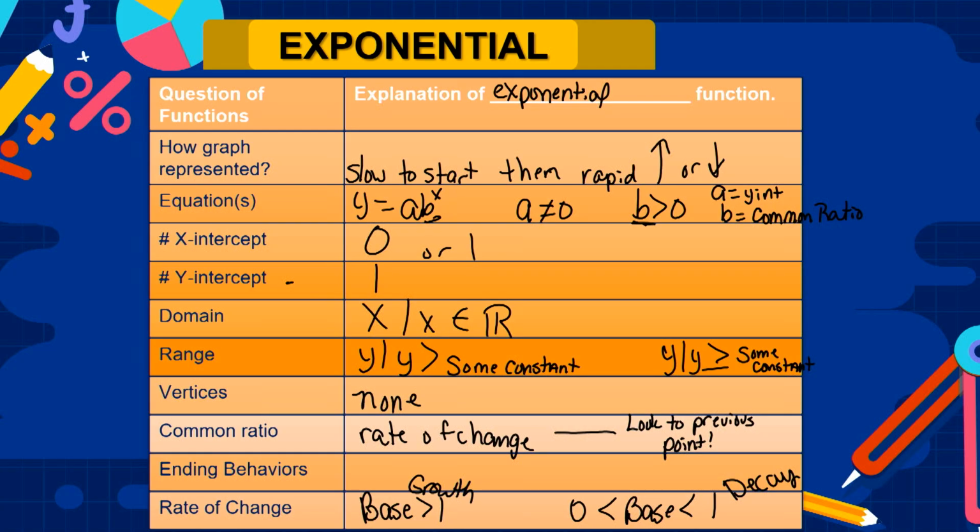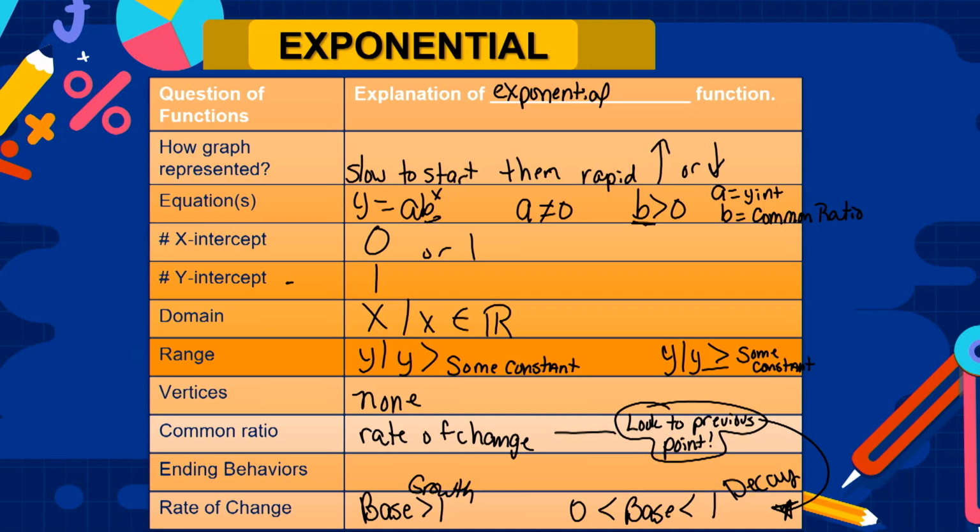And we said that our rate of change is how the graph behaves. Like we said here, we look at that previous point. So that's how we're looking at this rate of change. We are having to show that we're looking at that previous point, and then depending on what that base is, how it's going to change from point to point.